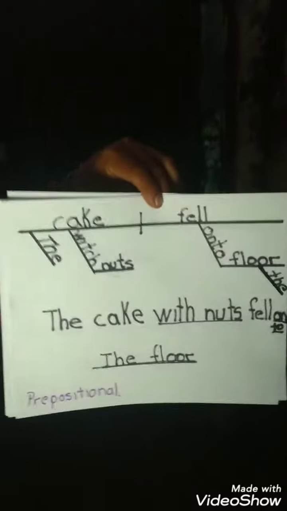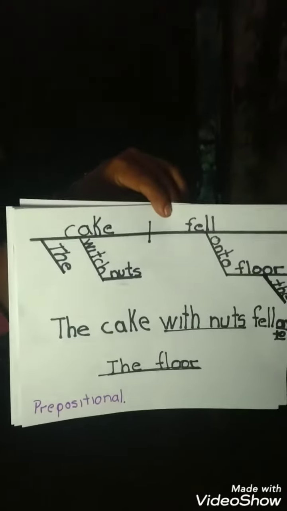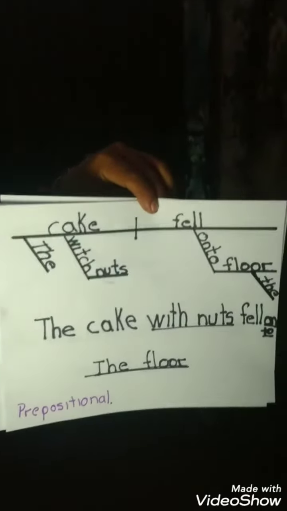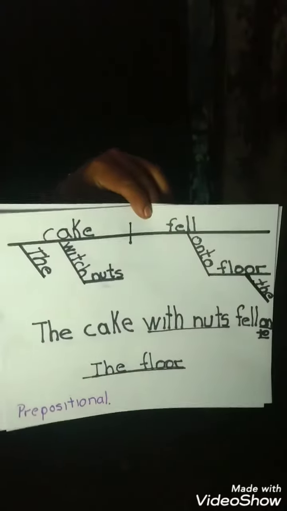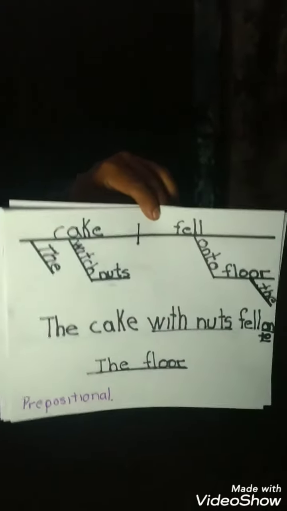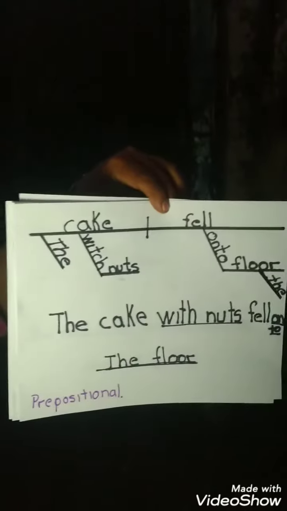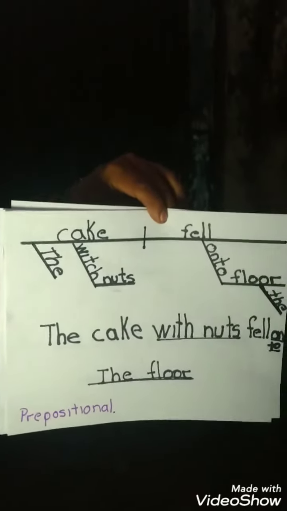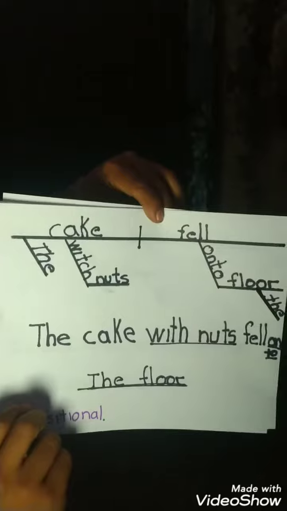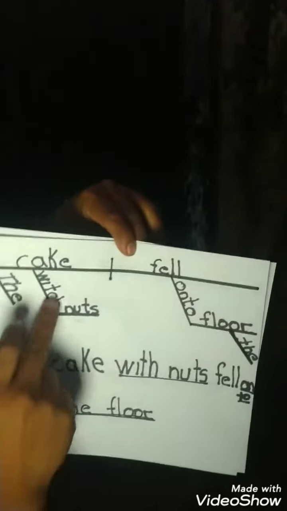We have a diagram here, a sentence diagram. Well, right here we have a prepositional phrase, with nuts, that is acting as an adjective. You can tell that it is an adjective because the word with is branching off the noun cake. You can see it right here.